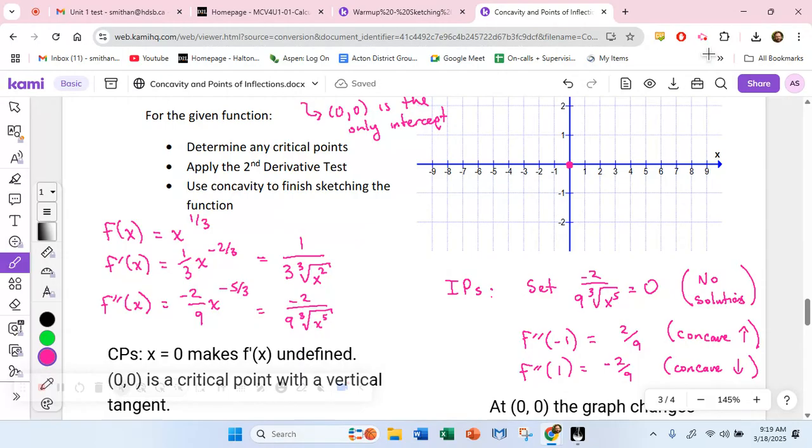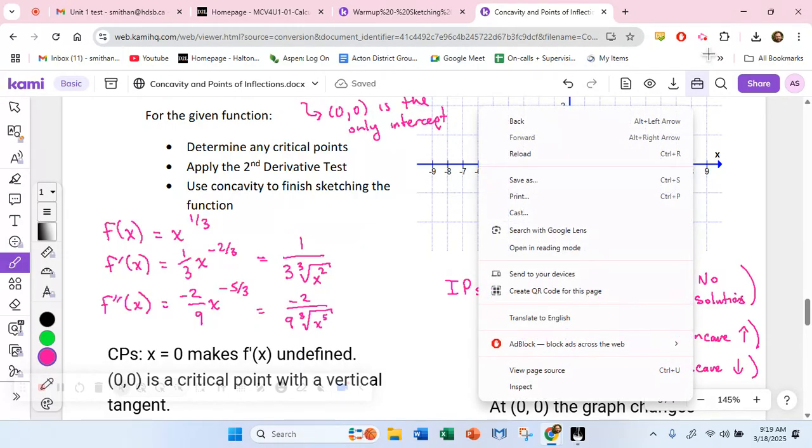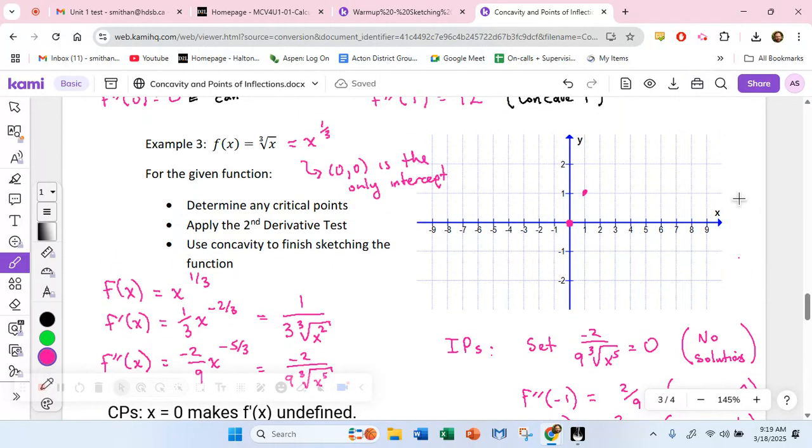The cube root of 1 is 1. And the cube root of 8 is 2. So you guys can plot those 3 points, 0, 0, 1, 1, and 8, 2. Also to the left, the cube root of -1 is -1. And the cube root of -8 is -2. And we'll just connect these with a smooth curve, and we'll see that everything fits.